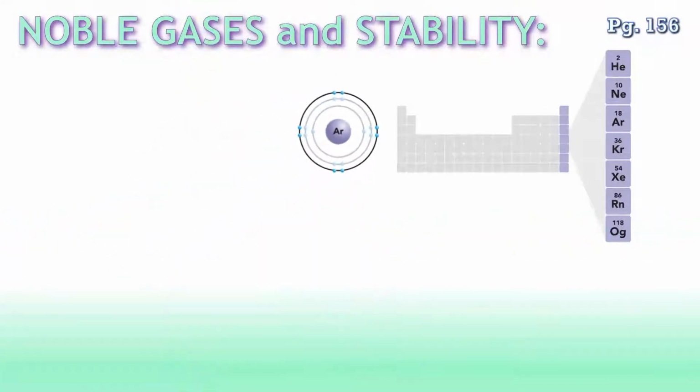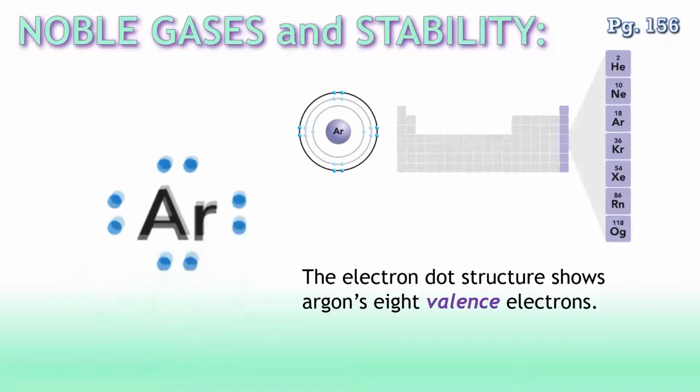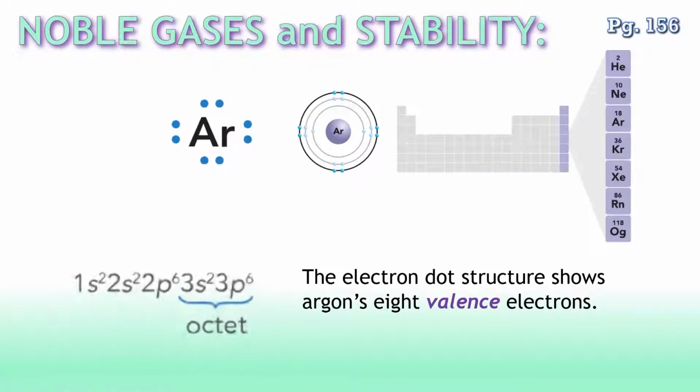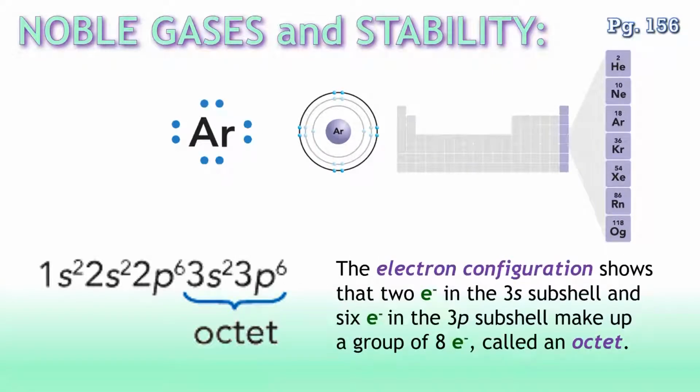8 electrons. If we look at it with the Lewis dot structure, we can see how this is symmetrical and balanced: pairs of electrons arranged around the nucleus of the argon atom. And if we try to describe it in terms of the total number of electrons, we recognize that the last group at the highest energy level for argon, the third energy level, we have the 3s2 and the 3p6 orbitals, and the superscripts, when we add them together, 2 plus 6 is 8.